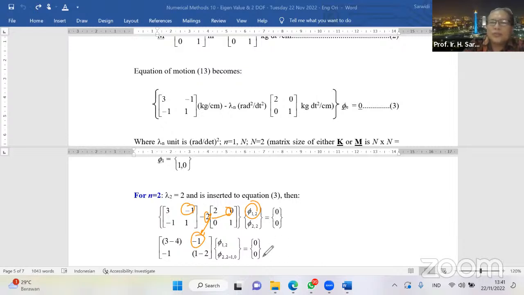I try to solve the numerical matrix of this side. And this one, minus this times this equals to -1 here.